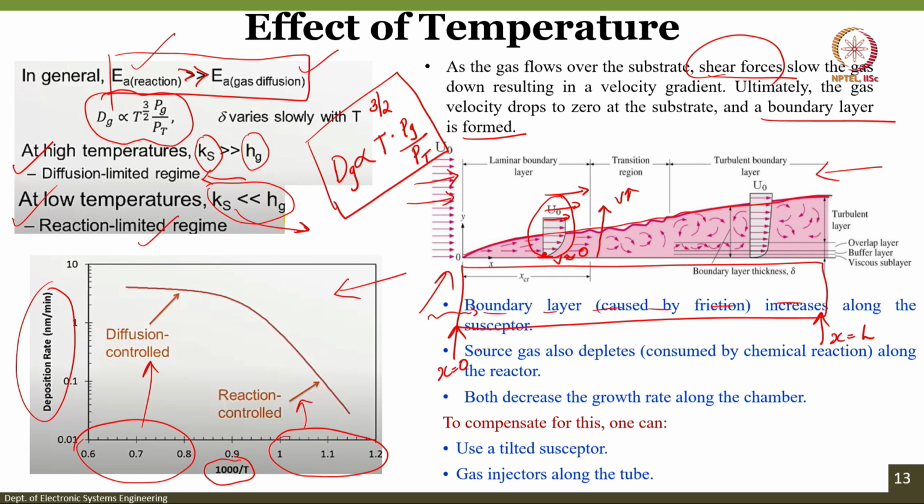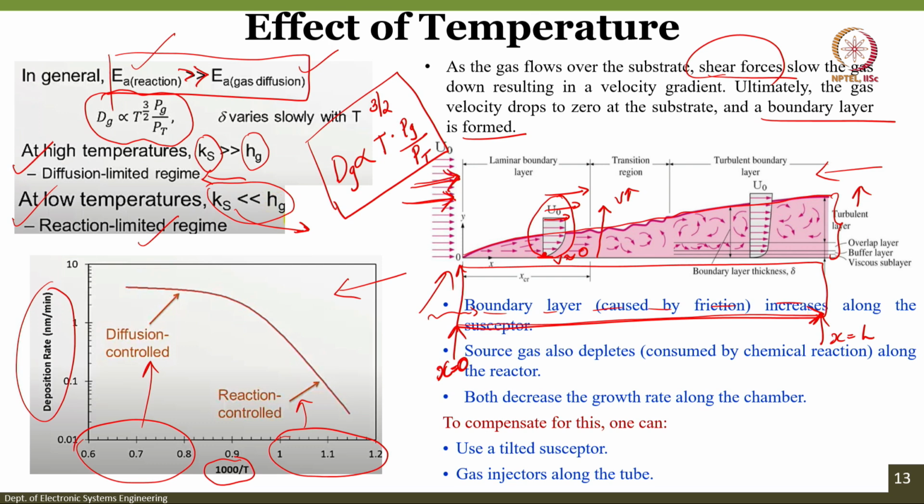As you move from x equal to 0 to x equal to L, the thickness of the boundary layer keeps increasing. So the boundary layer arising due to the shear force increases along the length of your substrate. Also, you are inserting the precursor molecules at the start of the chamber in the CVD process. That means at x equal to 0 you have an influx of CVD precursor molecules, and along the length of the chamber the precursor molecules are consumed.